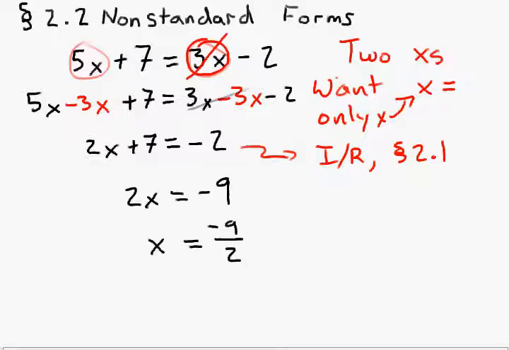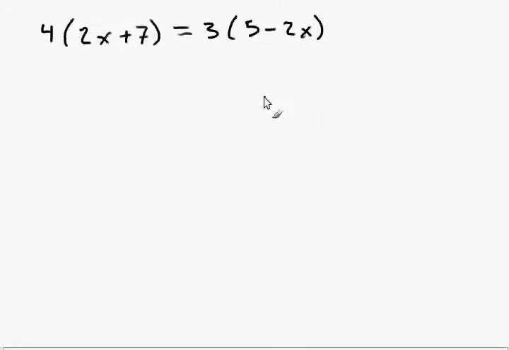Let's take a look at another problem. This time, we're going to have some distribution. We'll have 4 times the quantity 2x plus 7, and we want that to be equal to 3 times 5 minus 2x. Before we start doing any subtracting or anything like that, we've got to take these guys and distribute.